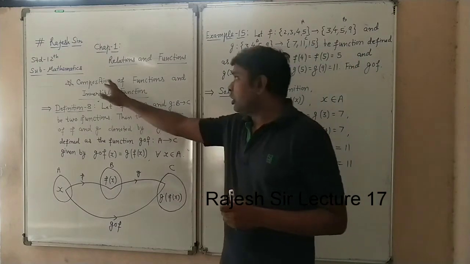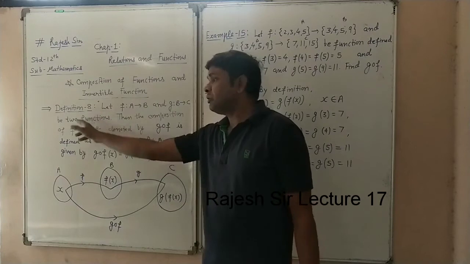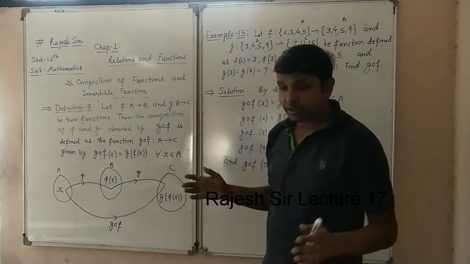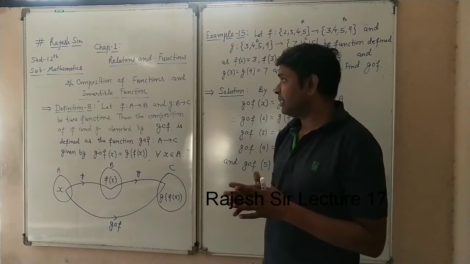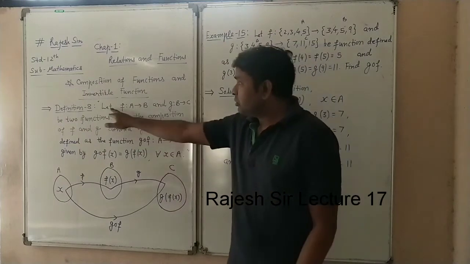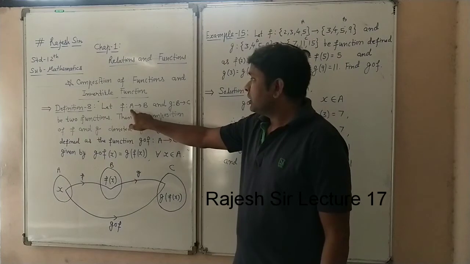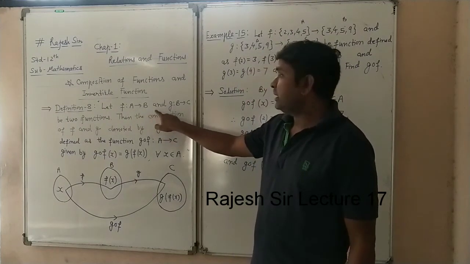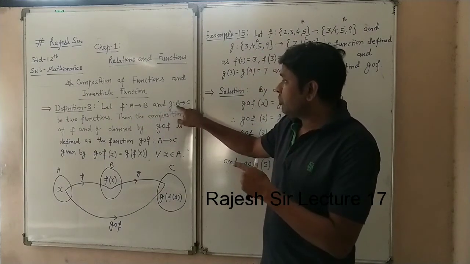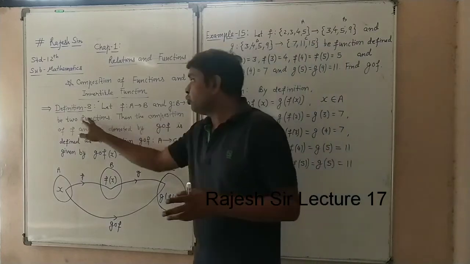Related to the composition of functions, here is the definition of how we can combine two functions. Let one function f be from A to B and the other function g from B to C be two functions.